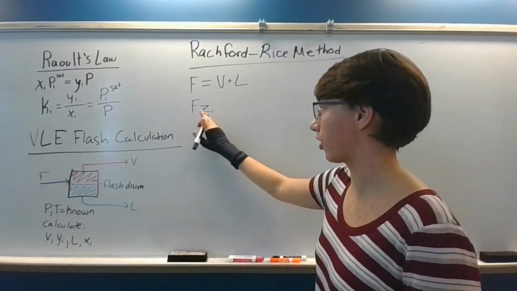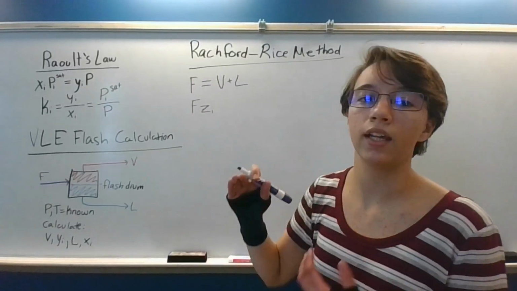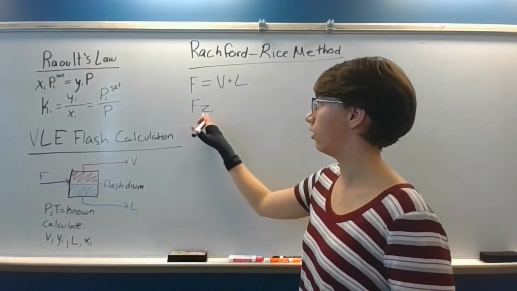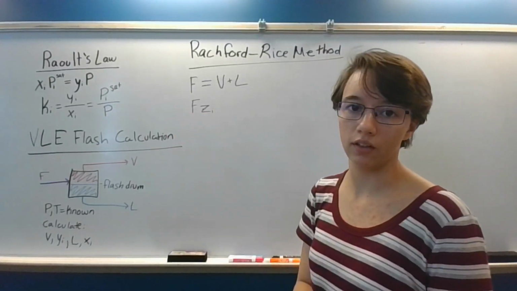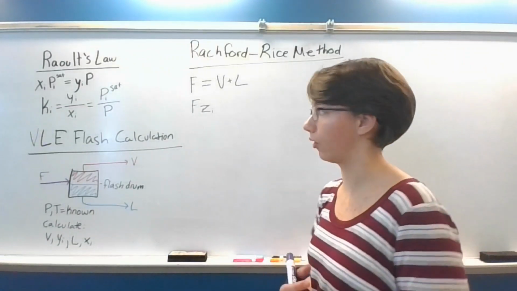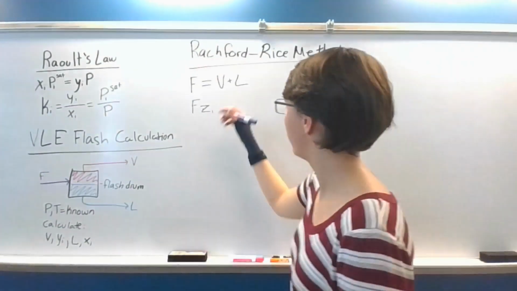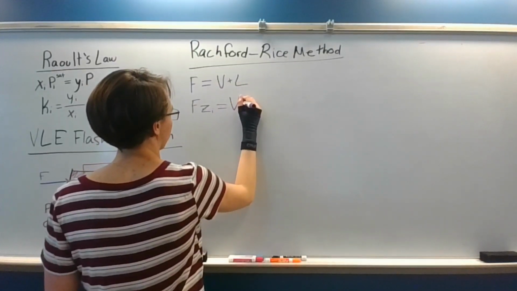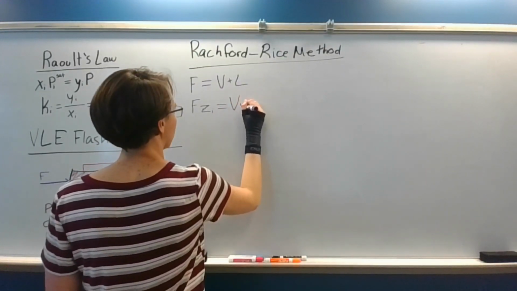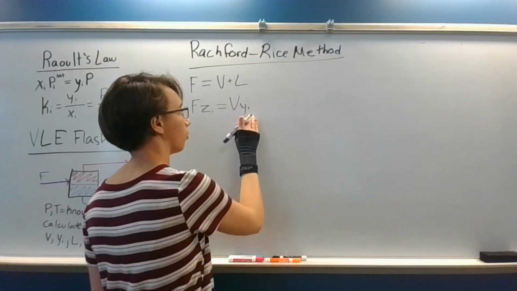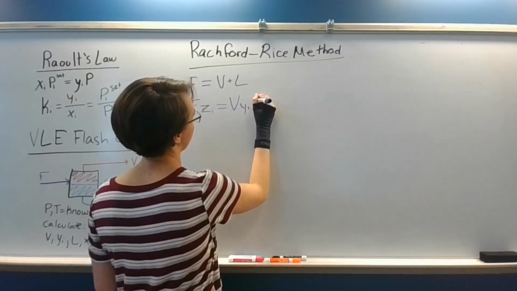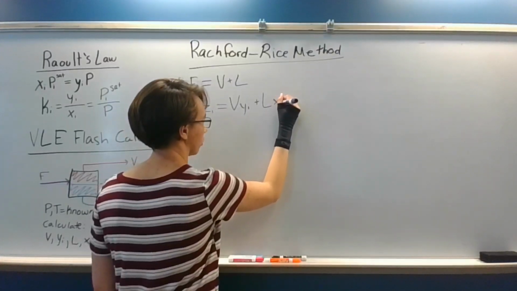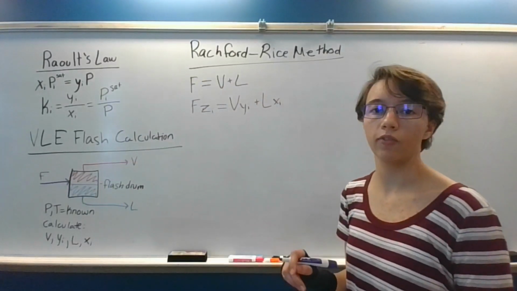But this is going to be the mole fraction of component i in the feed. So multiplying that by the total moles in the feed is just going to get us the moles of component i that are in the feed. And similarly, then we'll go with moles in the vapor times mole fraction of component i in the vapor phase plus total moles in the liquid times mole fraction of component i in the liquid phase.